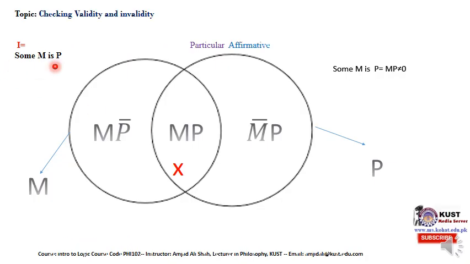If I say Some M is P, I will have to put an X over here, because some of the members of the class M are members of the class of P as well. So here are the members, and we will put an X.